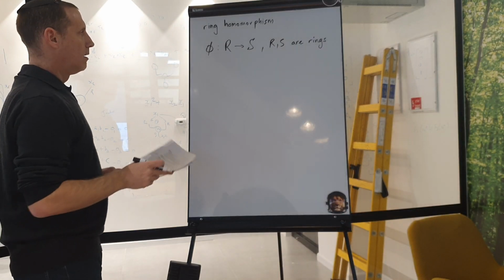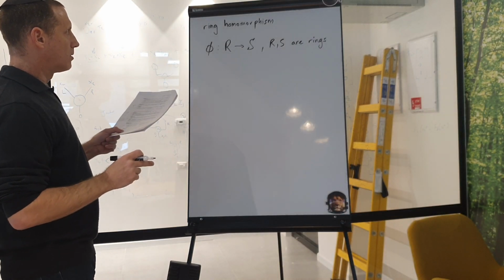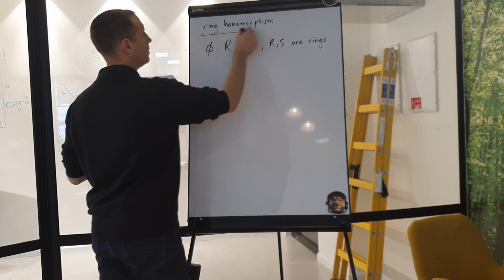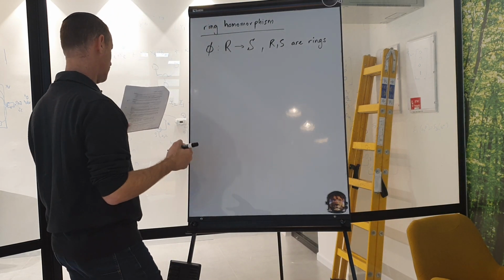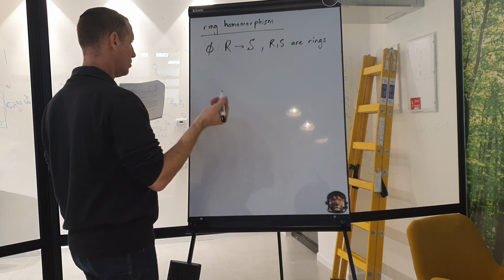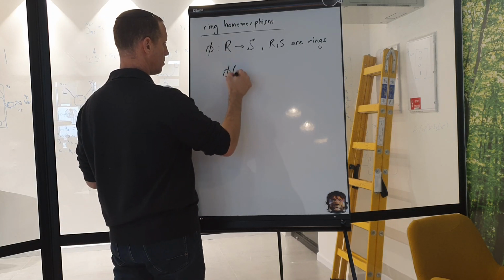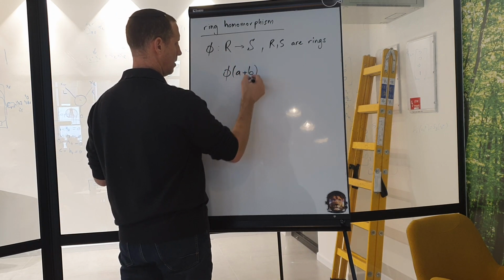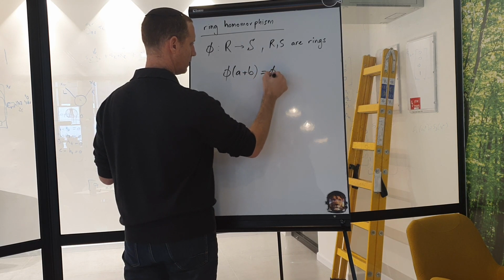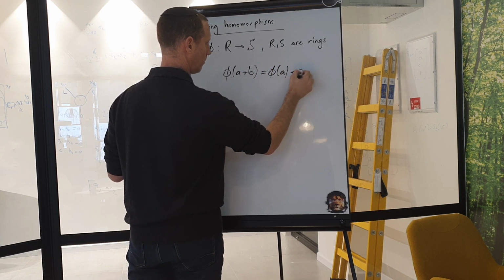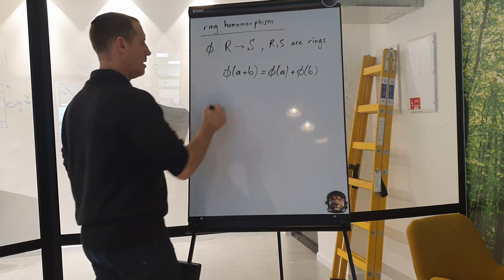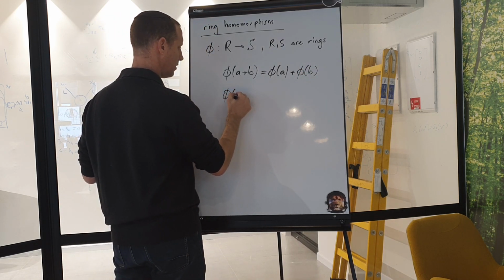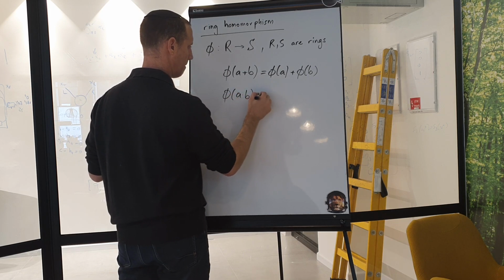But what we are going to demand from this mapping for it to be a ring homomorphism is actually two things, which you probably could have guessed. We want it to be homomorphic for addition, and we want it to be homomorphic for multiplication.